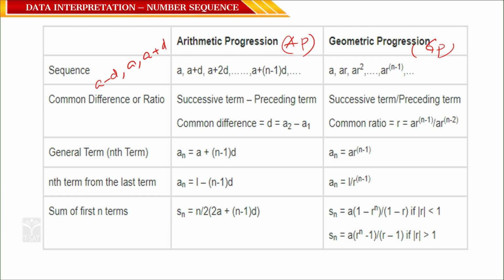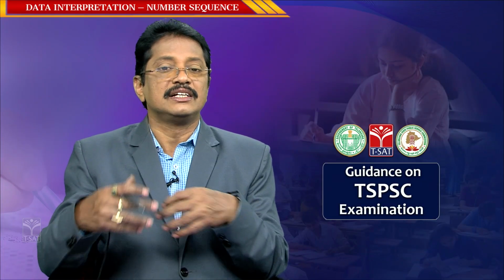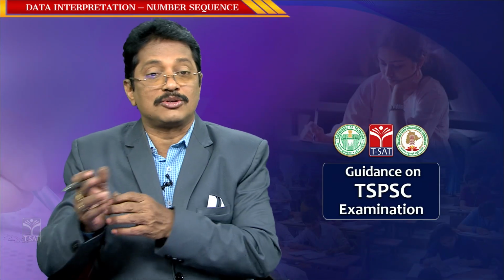When 5 terms are there, you can take them as A minus 2D, A minus D, A, A plus D and A plus 2D. Like this, you can assume them. Similarly, if you want to generate a geometric progression, you take A, AR, AR square, AR cube.